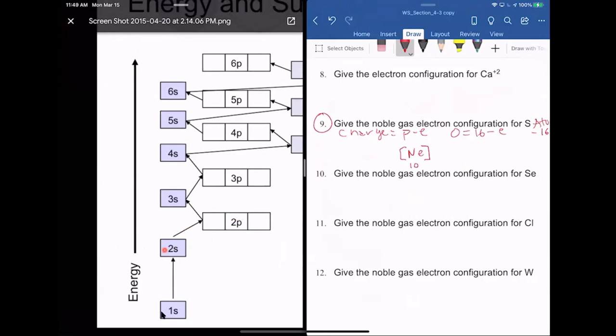So everything from 1s2, 2s2, and 2p6 is completely full. What's after 2p? That's where we pick up.